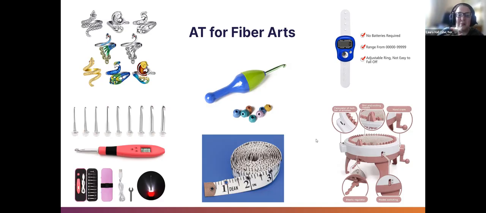This again is more like a tally counter. You just hit it when you're trying to keep track of your stitches and your rows. This can also work for golf or any other kind of activity where you have to keep track of numbers. So that's helpful.